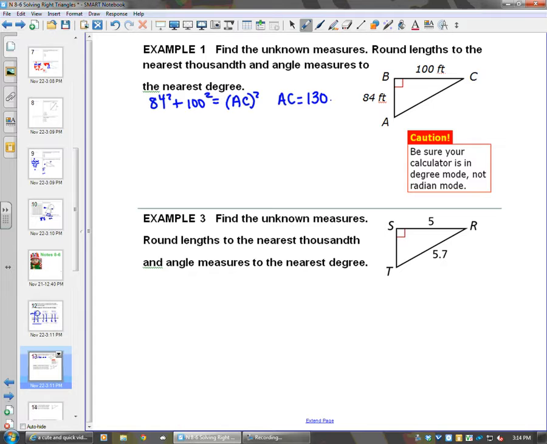I got around 130.599, and then what are the units? Feet.